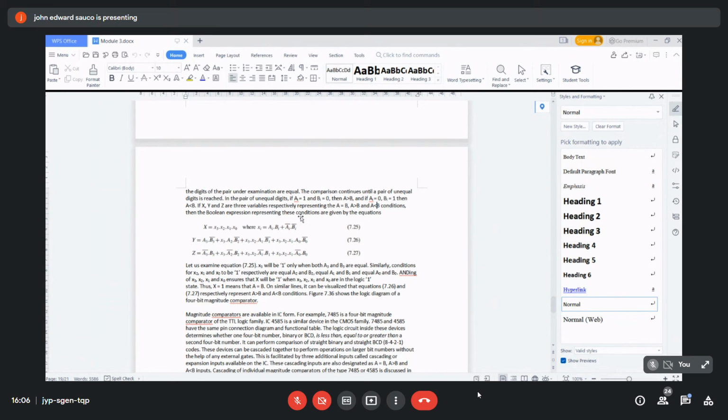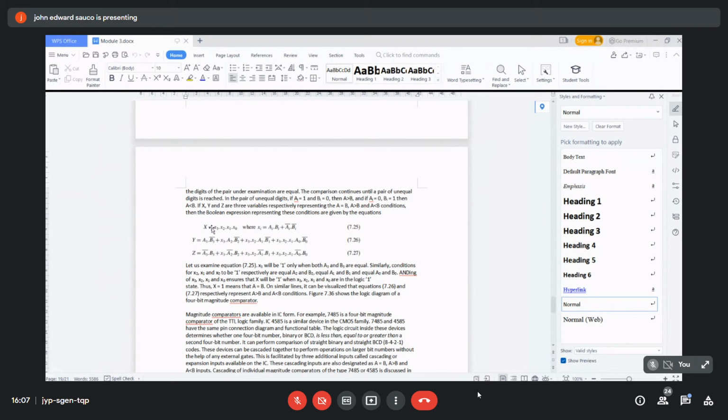So, sa equation na to, yung X natin na tinatawag na equal dapat si A and B. Dapat lahat sila is 1. So, ano yung X3, X2, X1, and X0? Ito yun.